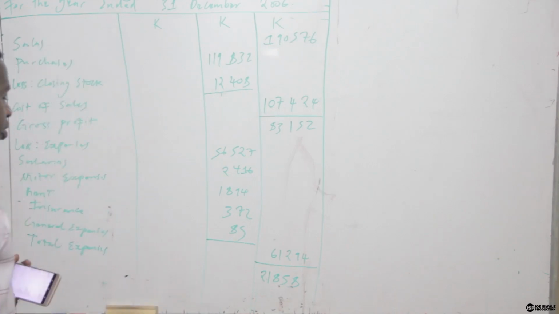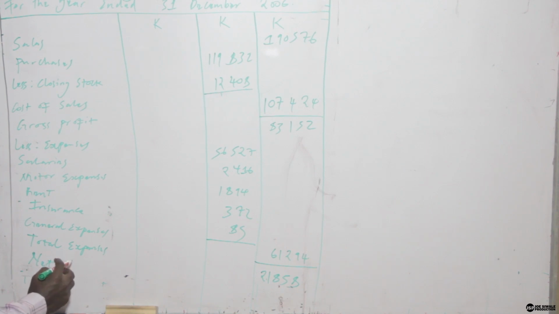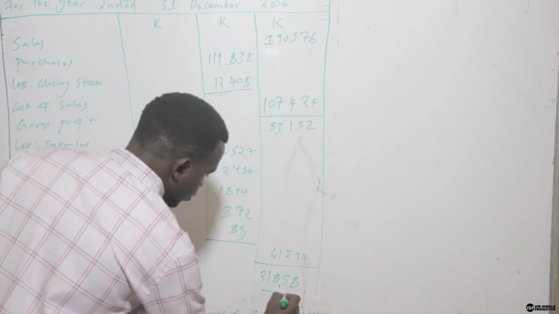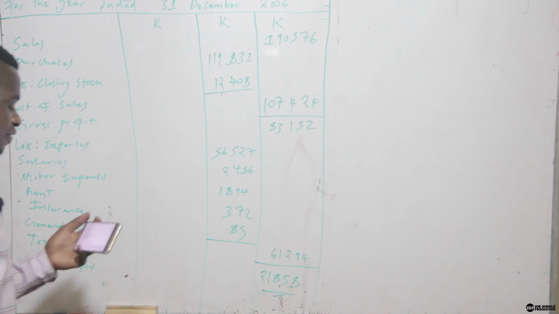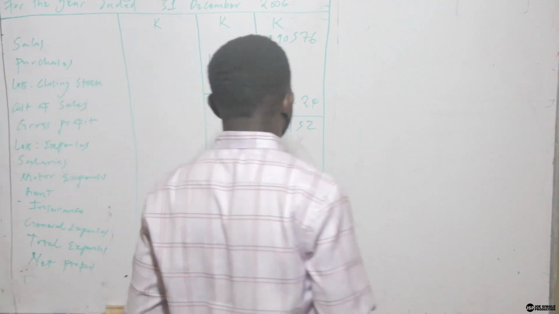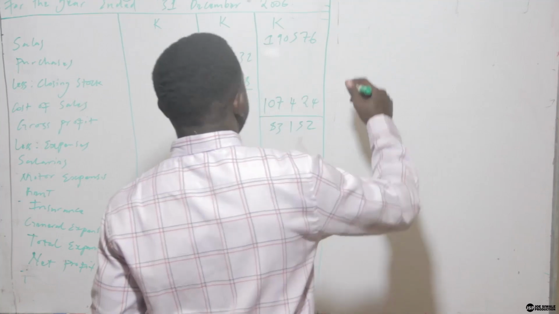And since this amount is positive, that means that this is going to be net profit. So our net profit is going to be equal to 21,858.